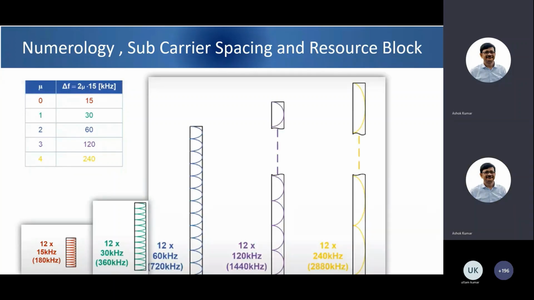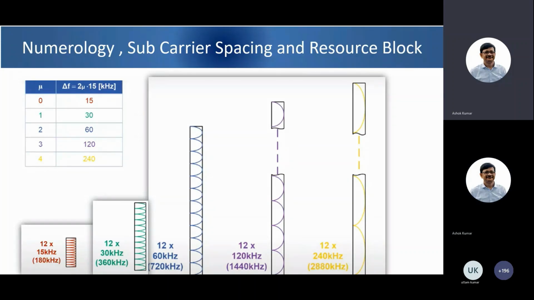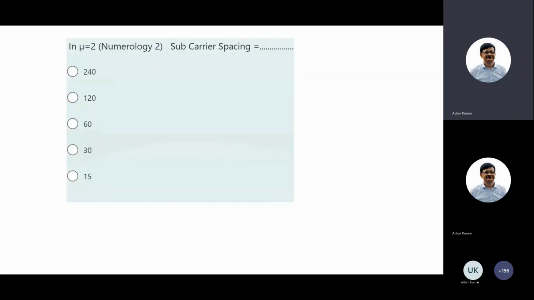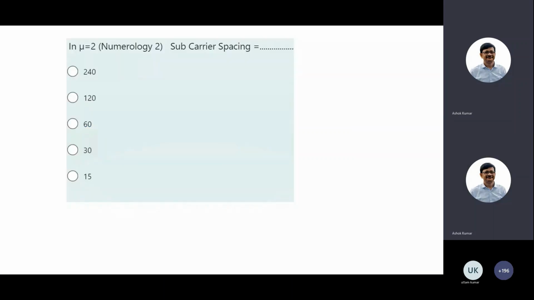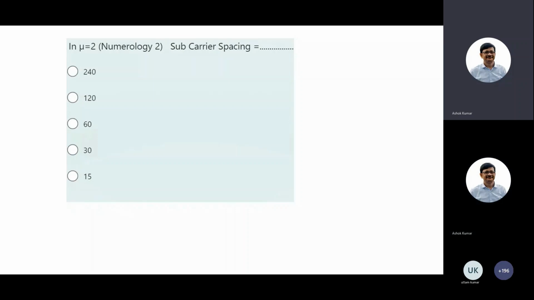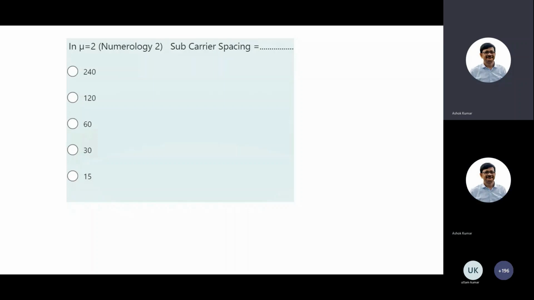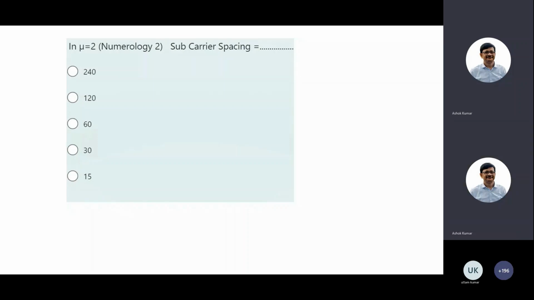As you might have heard, in this picture I had shown that if you move up in numerology, the size of the resource block is doubling. So now the question: in numerology 2, what is the subcarrier spacing? Please write in the chat box. 30 is not the correct answer.